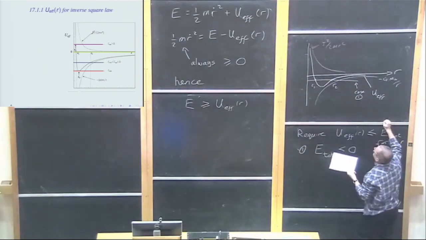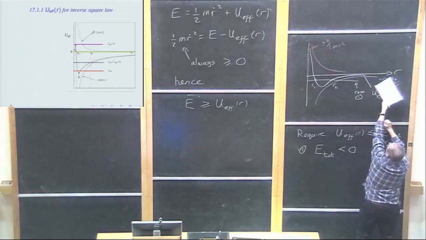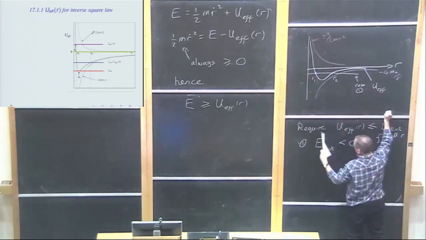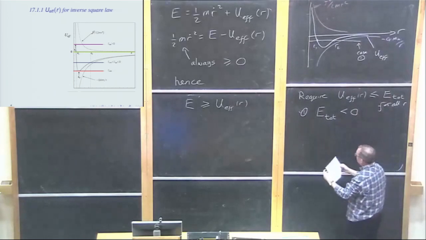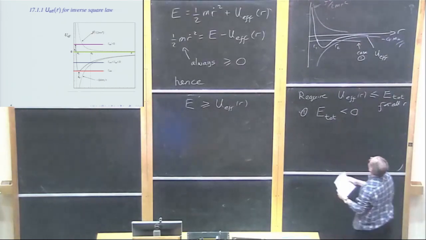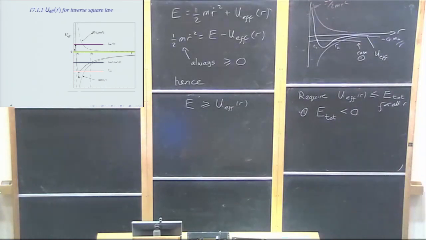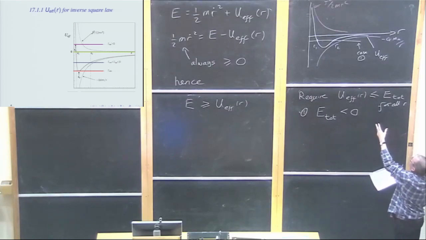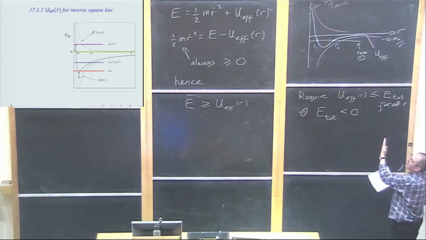So motion is allowed where the radius of the planet can vary between R1 and R2. So this is describing an orbit. This is clear, and we'll talk a lot more about orbits. But the orbit will have a radius which varies between a small radius and a larger radius.